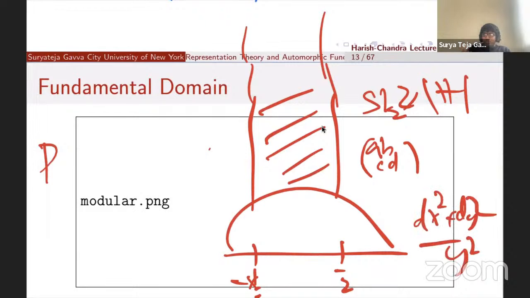As it goes up, there's a y squared in the denominator, so the measure is dx dy over y squared. Although in the standard Euclidean sense this is of infinite volume, with respect to this hyperbolic measure, it's a finite volume.